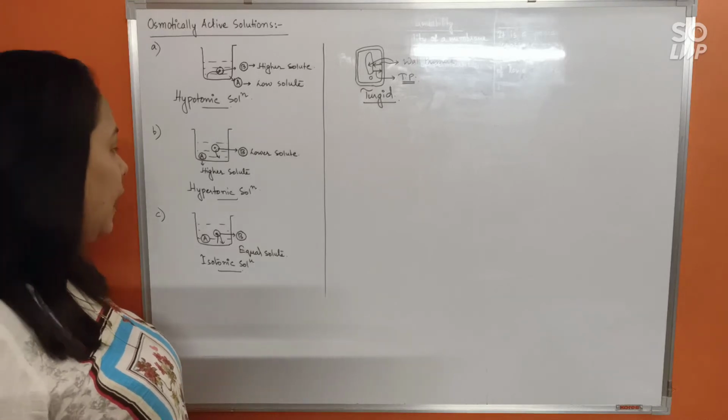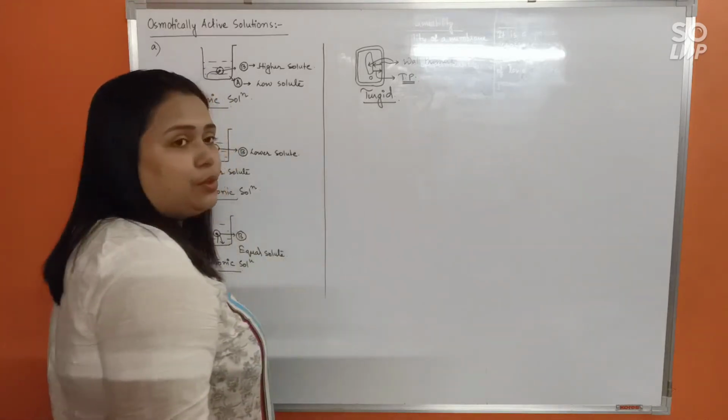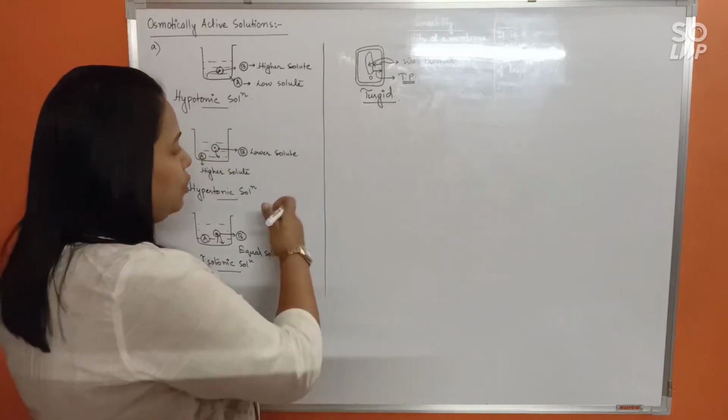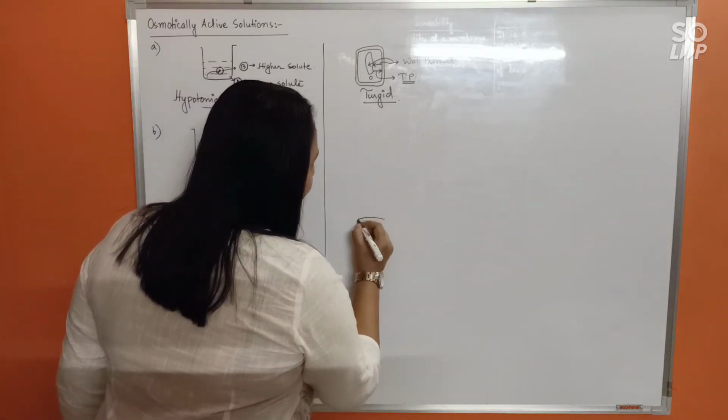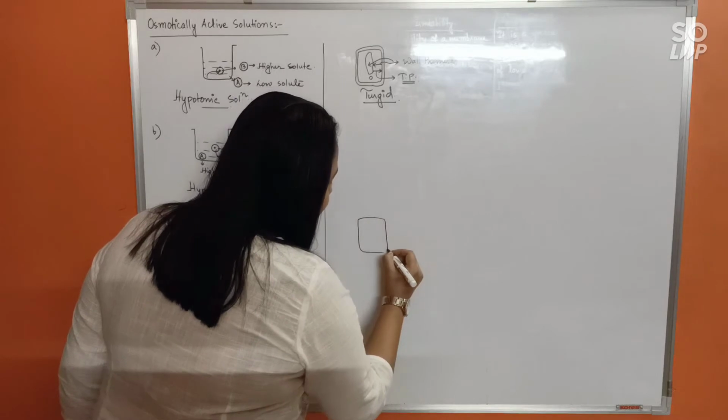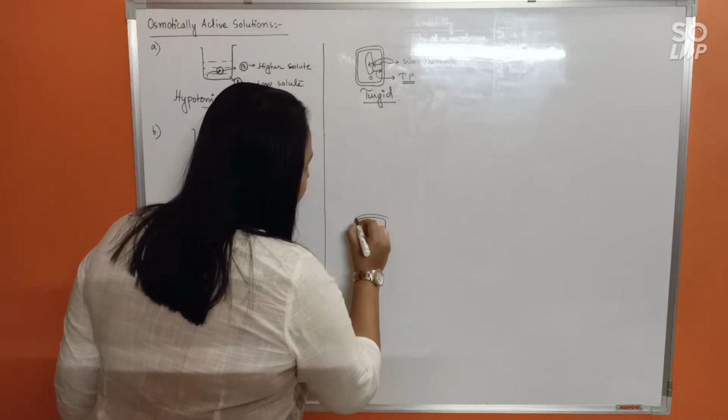Alright. Now, before I go into hypertonic solution, let's go into isotonic solution. What will happen in case a plant cell is introduced to an isotonic solution?